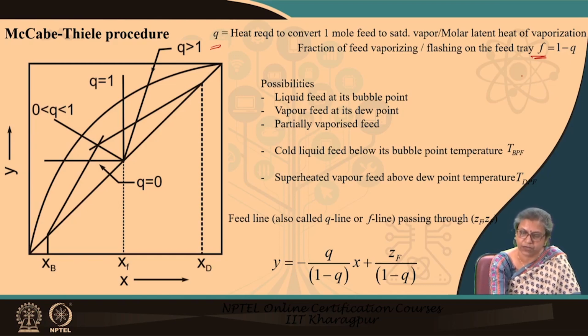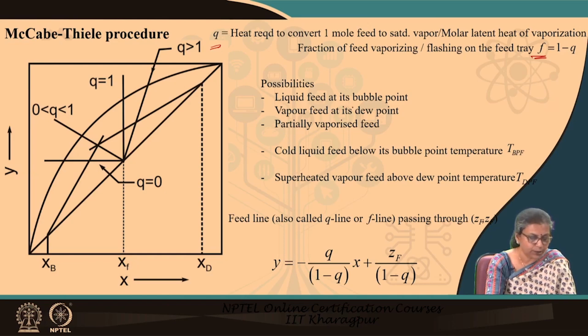So, naturally F plus Q becomes equal to 1. So, you can understand that depending upon the condition of the feed, the Q is going to change, right.